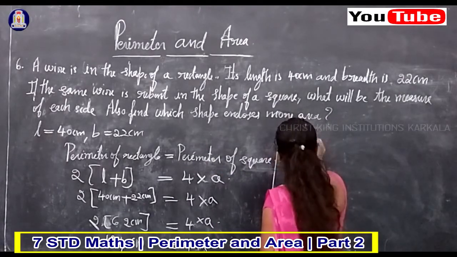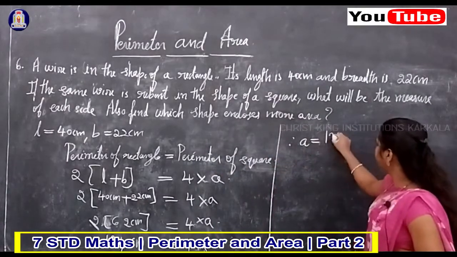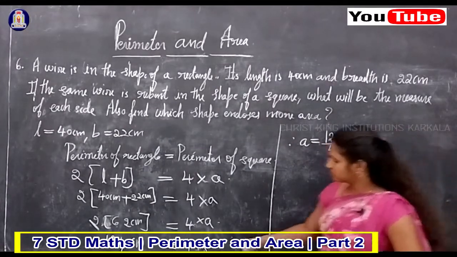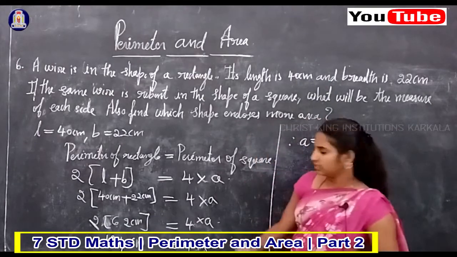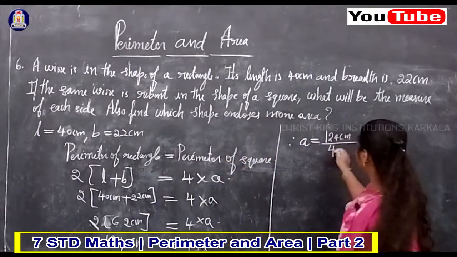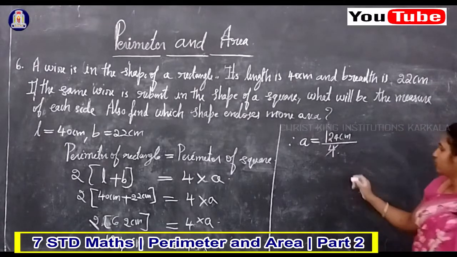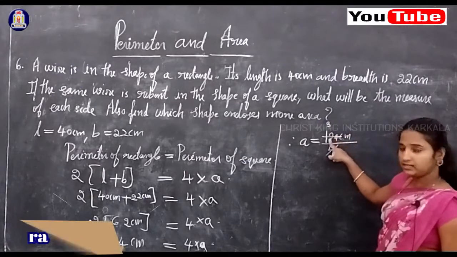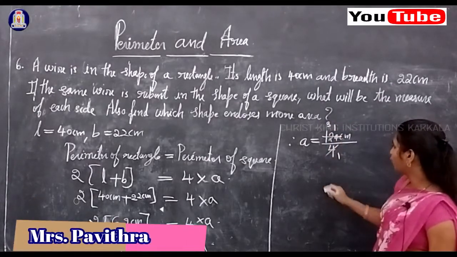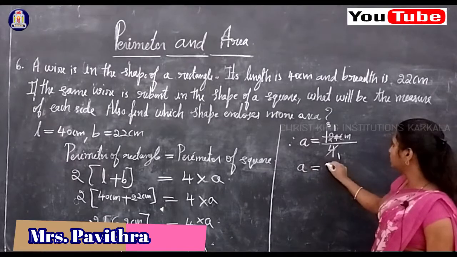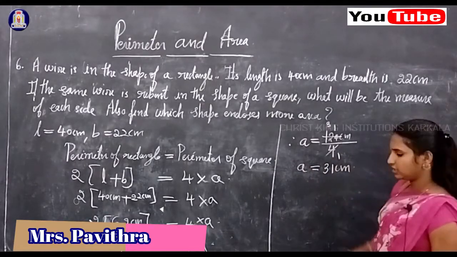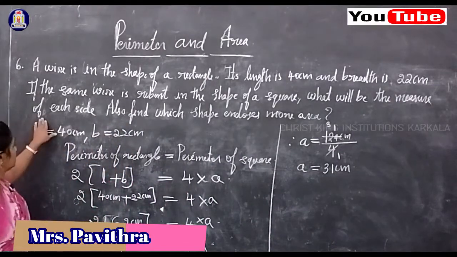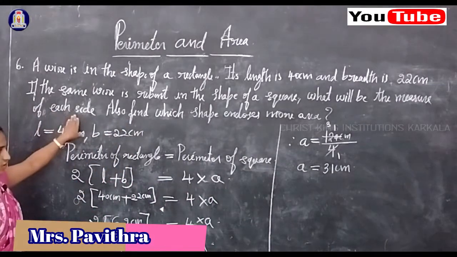Therefore a is equal to 124 centimeter divided by 4. 4 is multiplied to a, so it divides on the other side. 4 ones are 4, 4 threes are 12, again 4 ones are 4. So the side of the square a is 31 centimeter. Understood? So each side of the square is 31 centimeter.